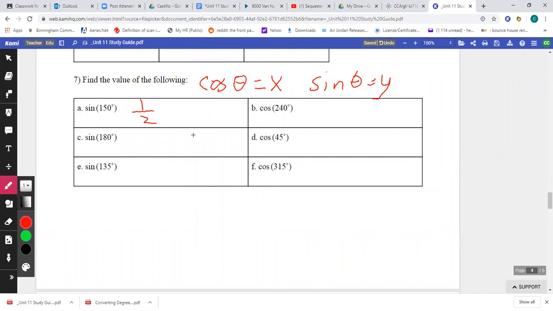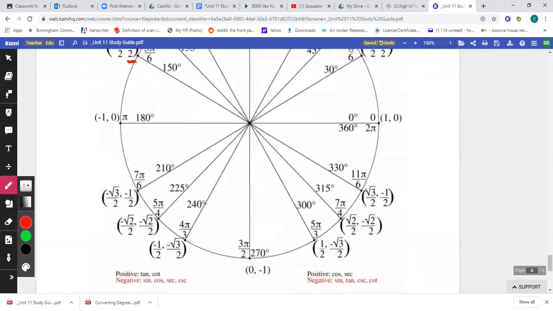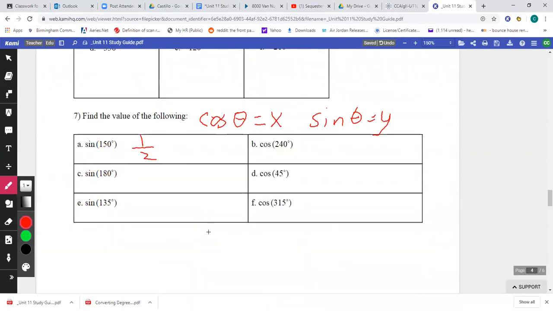Cosine of 240. So you just go to your unit circle, you find 240. And cosine is just x. So you're going to use your x value here, which is negative 1/2. Okay. Two more. Sine of 180.